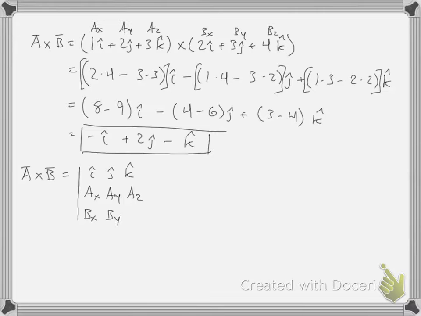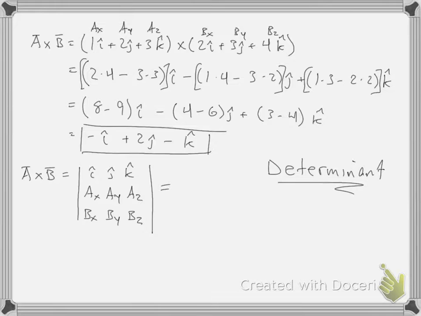So if you have components, whether or not you actually have non-zero numbers, you can do these if you just have an I and a J component, thus the Z or K hat would be 0. But this is called a determinant. This is a determinant, and it's a shorthand way to do all of that crap that we just did.